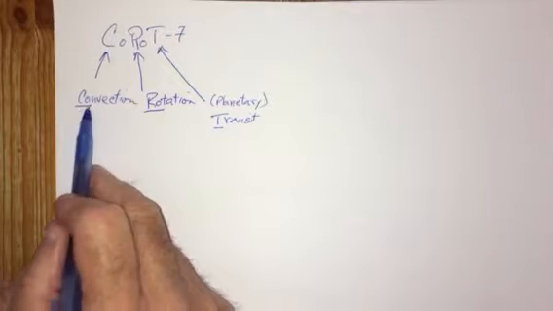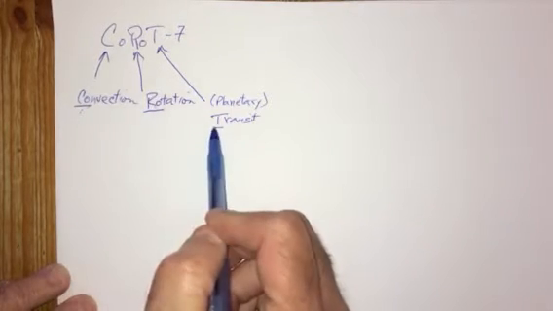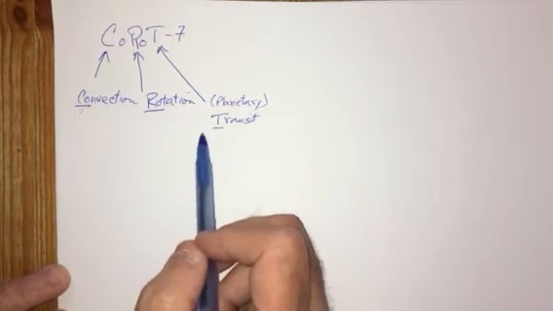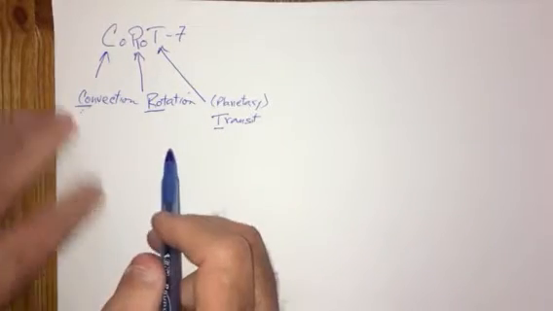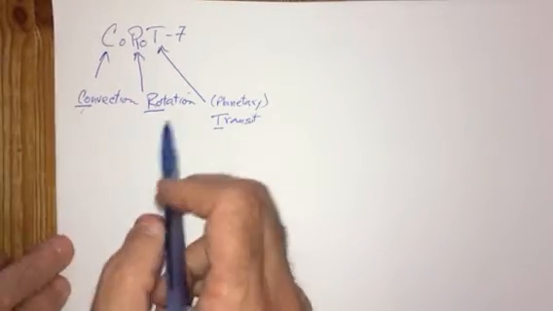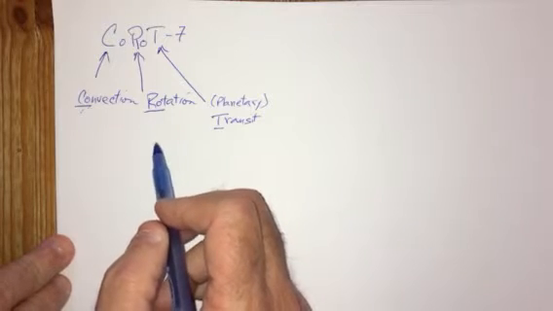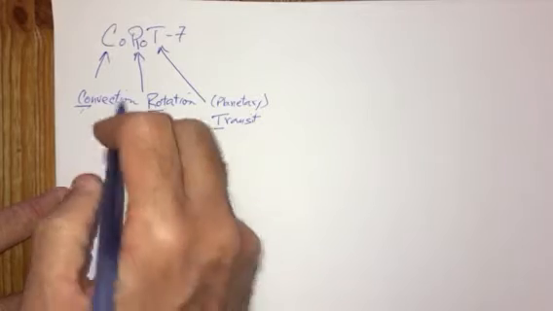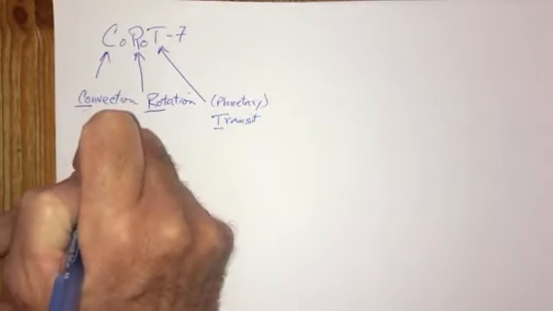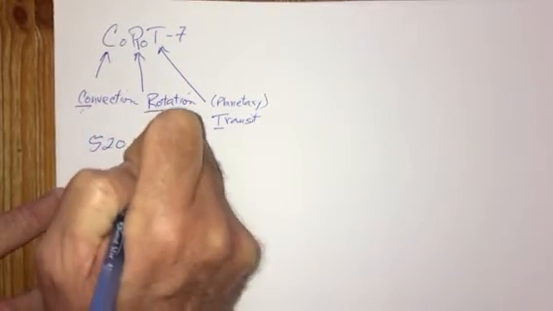Okay, so C-O-R-O-T. And this was a French telescope that was launched and went into outer space and took observations from outer space. So now this particular star is about 520 light years from Earth.